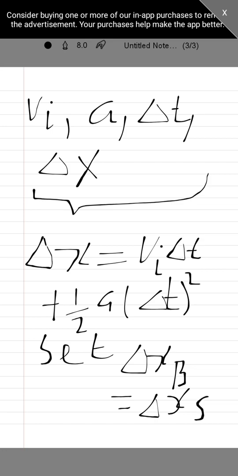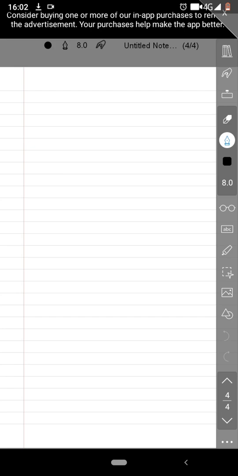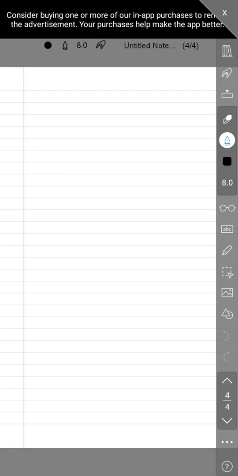So we need to set the displacement for the silver rocket and the displacement for the black rocket to be equal. A convenient way to keep track of which displacement is for which is to give a different notation for the silver and the black one.